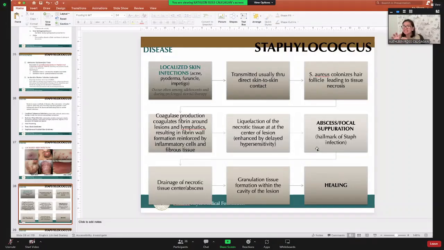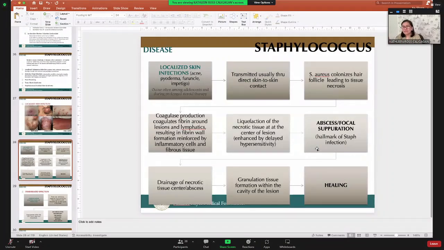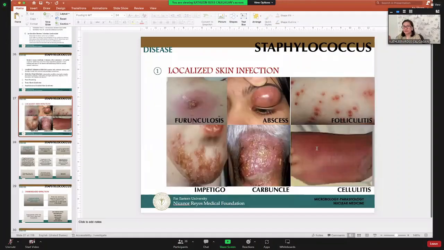At the center of the lesion, the necrotic tissues undergo liquefaction. So there is central necrosis or liquefaction enhanced by delayed hypersensitivity, which will eventually lead to abscess or focal suppuration. The center is soft because of liquefaction of the necrotic tissues, which leads to abscess formation.